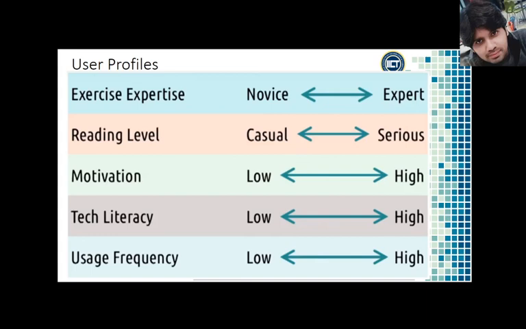But if we are designing for users that use our app pretty rarely, we need to make sure to keep all the interactions discoverable and visible. That way, every time they come back to the app, it's like the first time they came to it. They don't need to remember anything from the previous time because we don't know how long it's been since the last time they have used it.